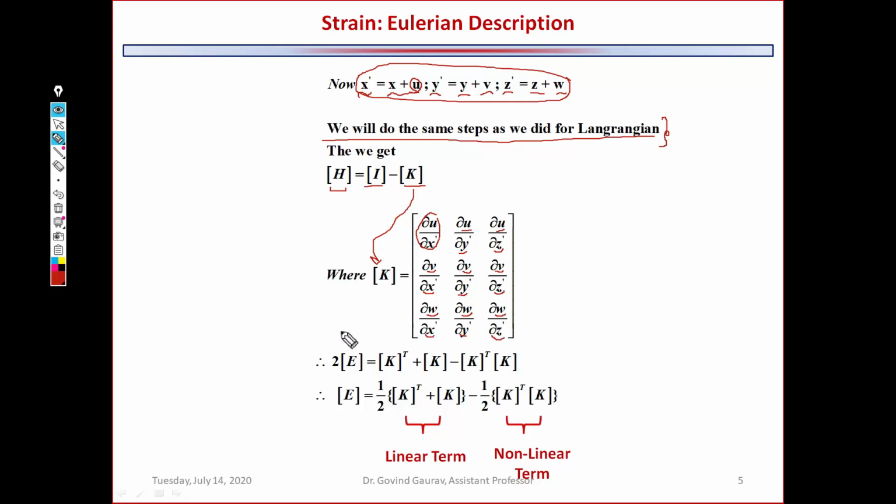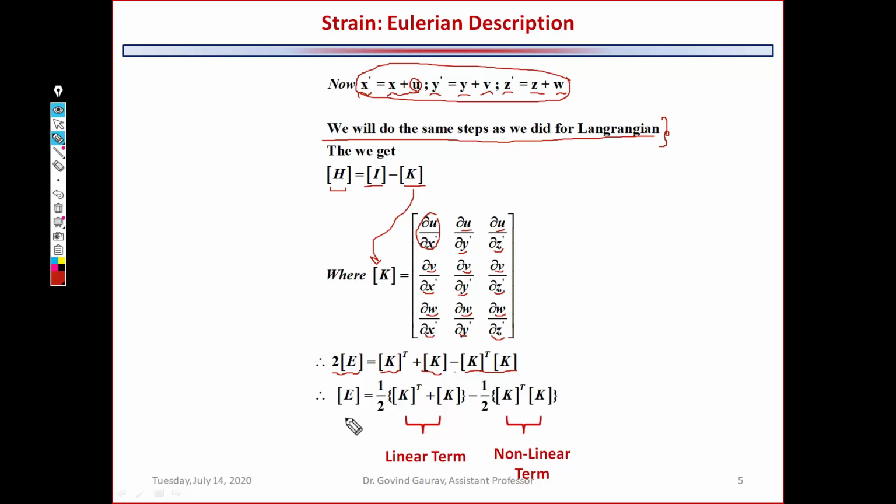Now we can write these equations, similar to what we did in the Lagrangian description, as 2e, which we derived in the previous slide, equal to k transpose plus k minus k transpose k.